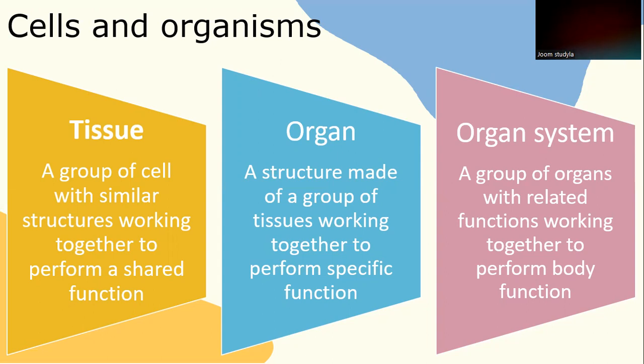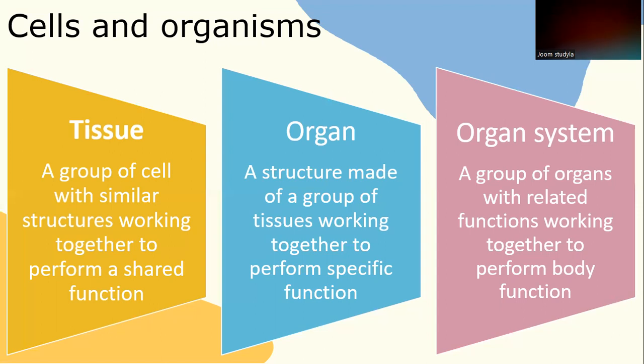And next we go to the organ system. What is an organ system? An organ system is a group of organs with related functions working together to perform a body function. For example, the stomach is one of the organs which help in the digestion of food.